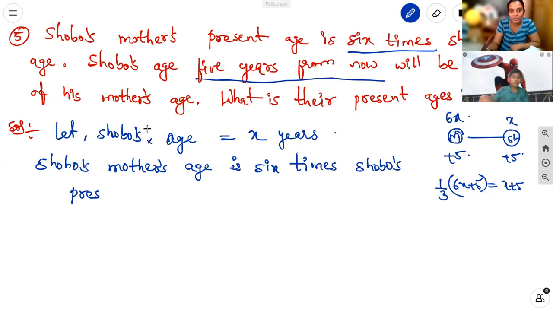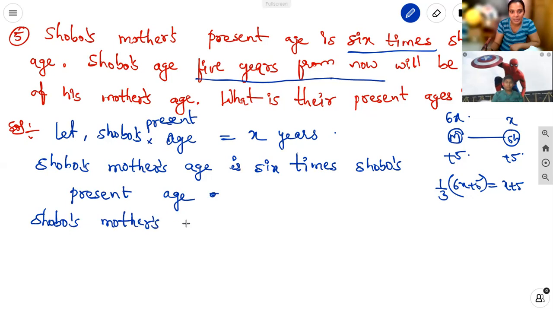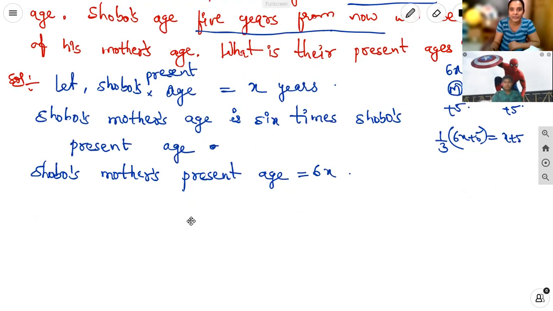Now we are taking Shobo's present age equal to x years. So Shobo's mother's present age equals 6x. Next, Shobo's age 5 years from now.